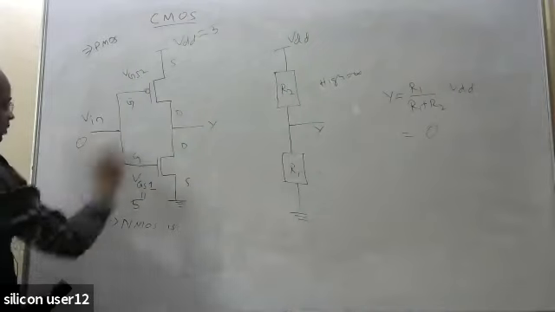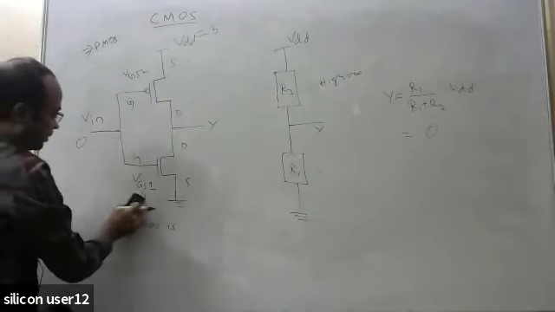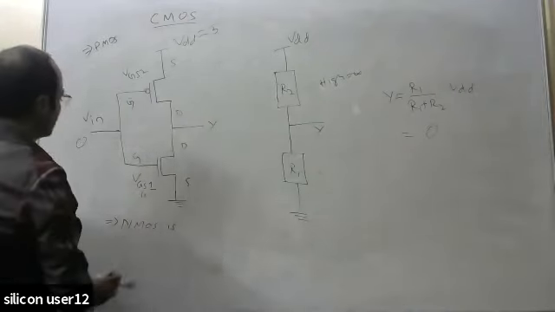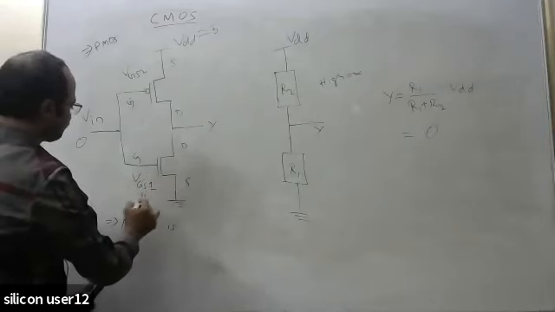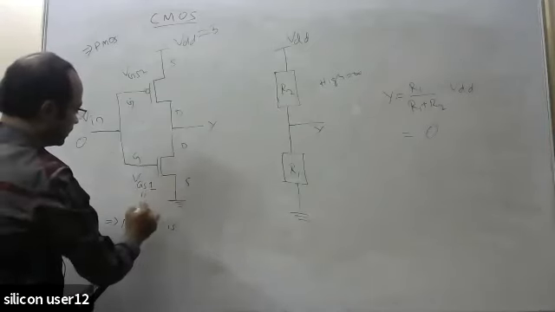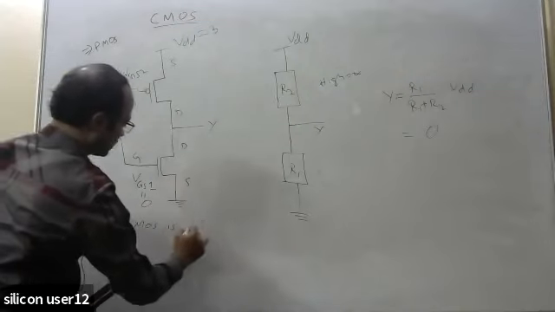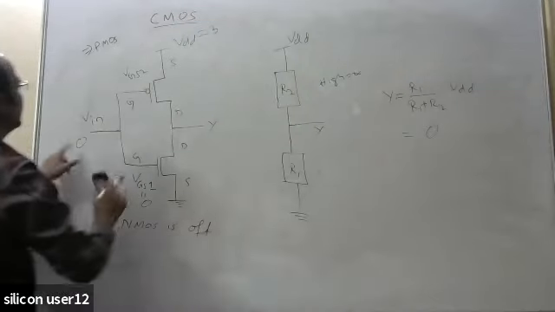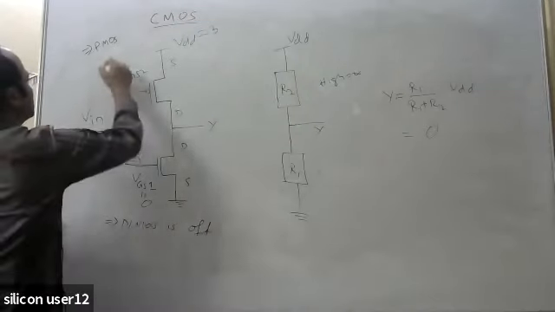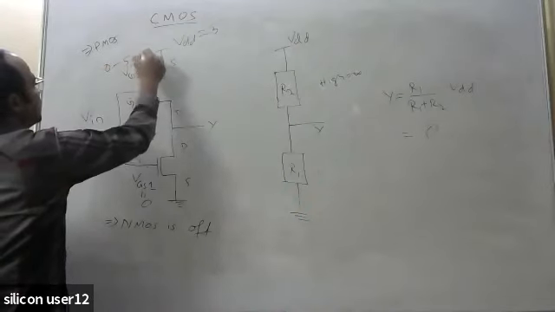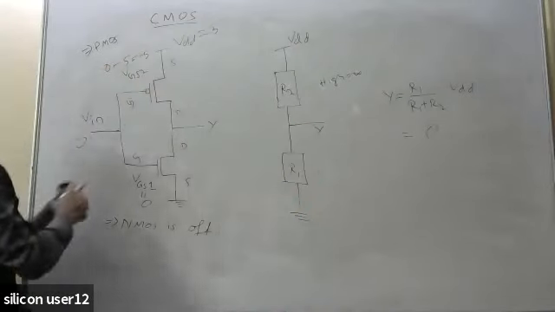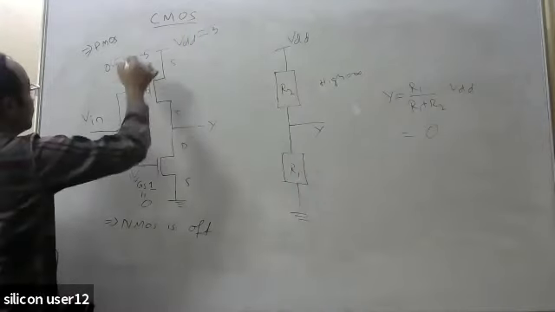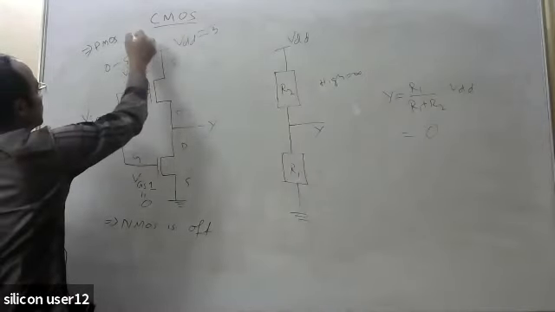Let me redo the first case again, where Vin equals 0. VGS1 is 0, so NMOS was off, and I'm just redoing it since I made some mistake there. Here PMOS is on.